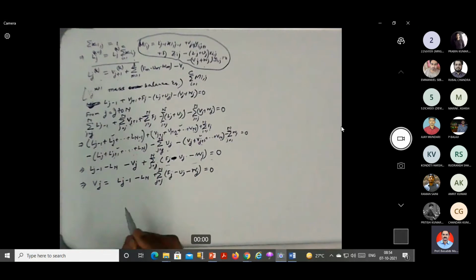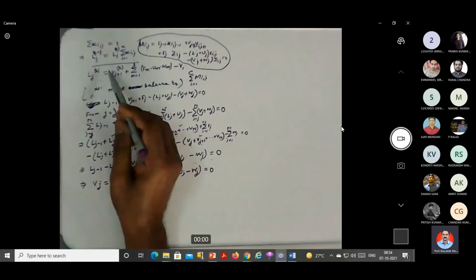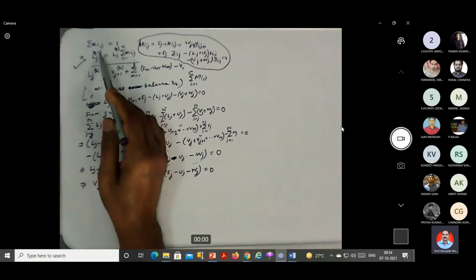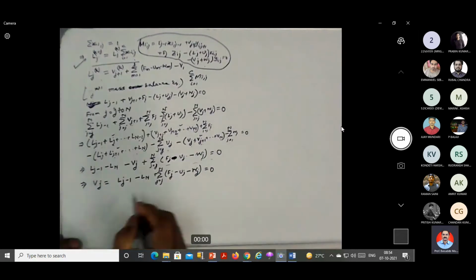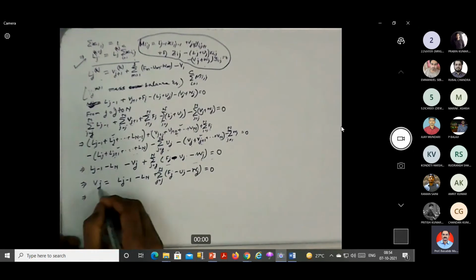Now look at the right hand side. Already we have modified values of Lj, so Lj at iteration k plus 1 is available. So in the right hand side we can write this variable as the k plus 1th iteration variable, and this also we are modifying.